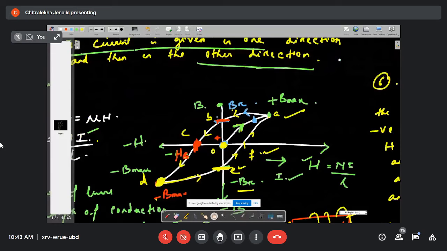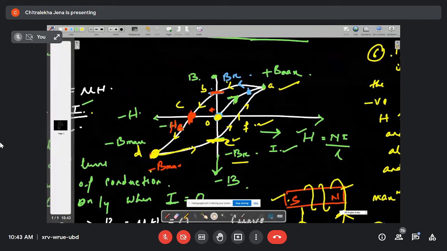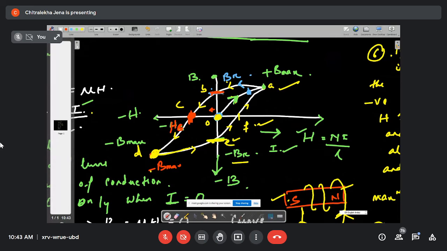Now look at the curve here. Simply, at a point I will take. Here you see, I am at this point. What is my value of H? H is 0. Yes or no? B is having a positive value. So H is 0, B is having some positive value.